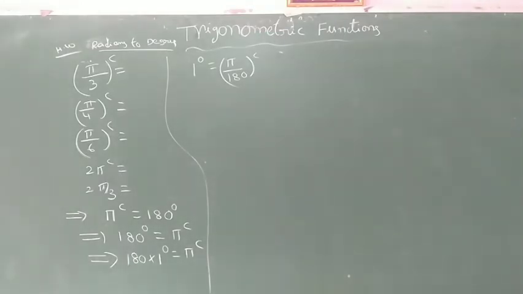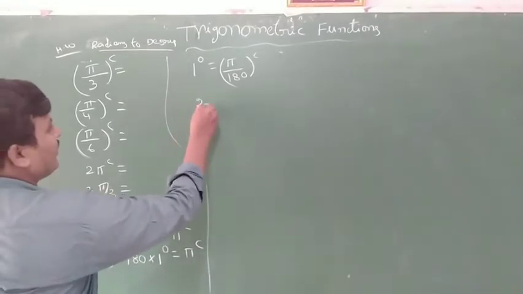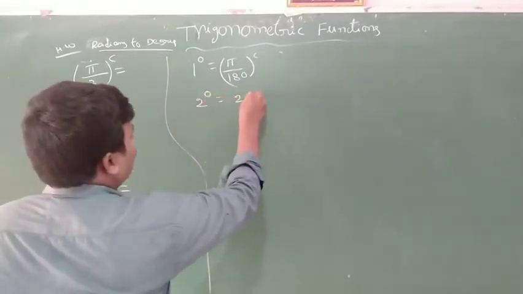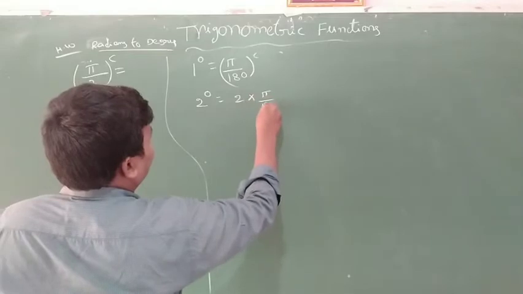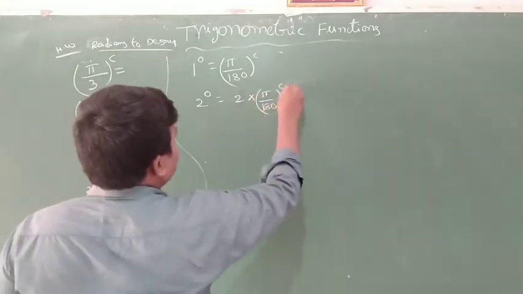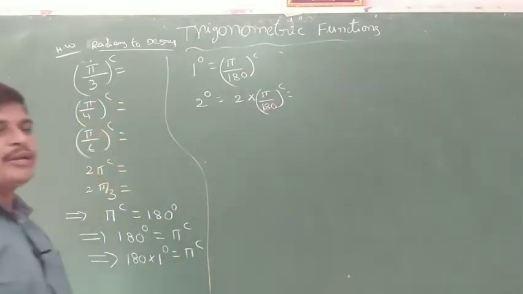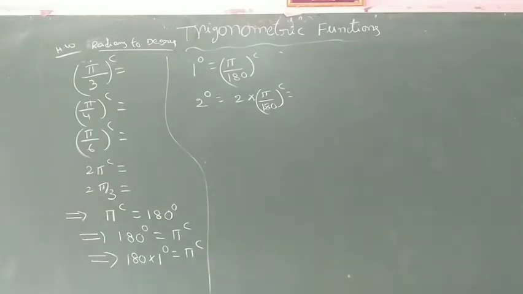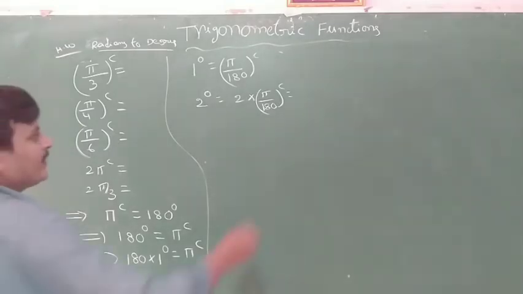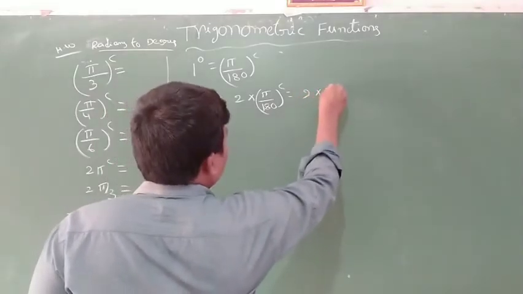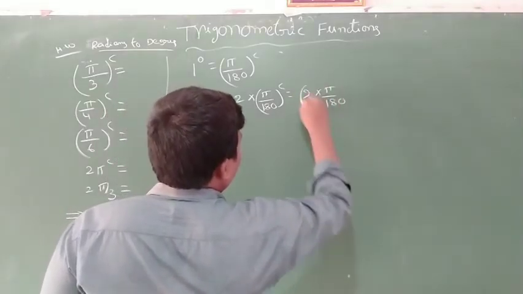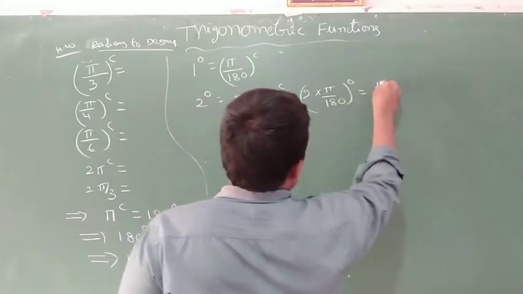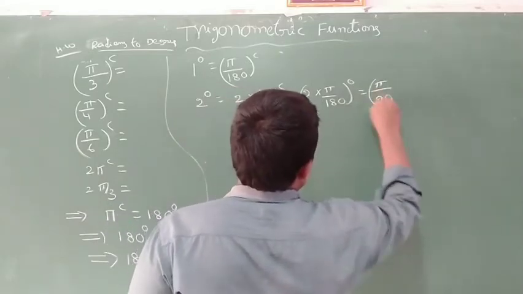So 2 degrees is equal to 2 into pi by 180 radians, that is equal to pi by 90 radians.